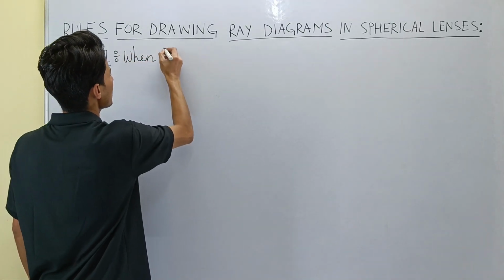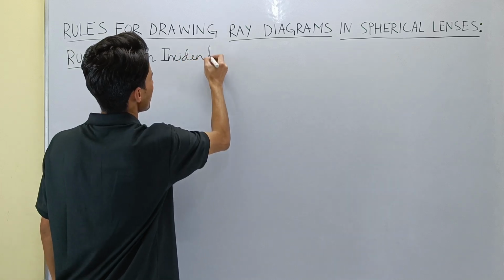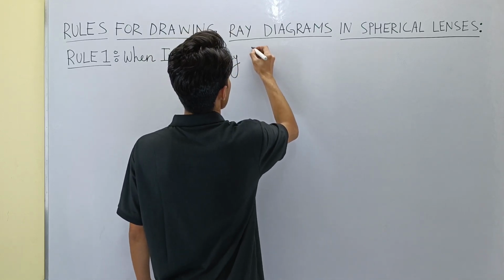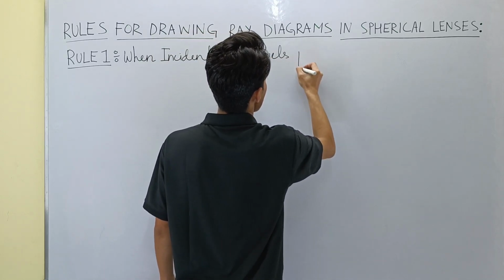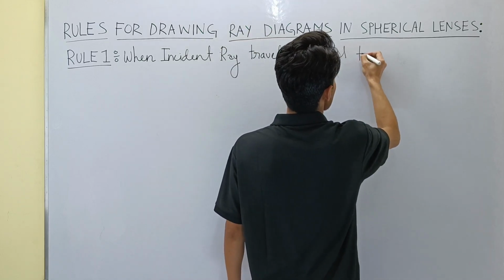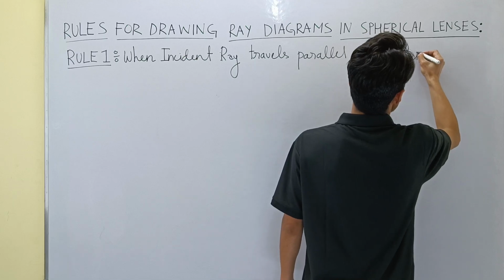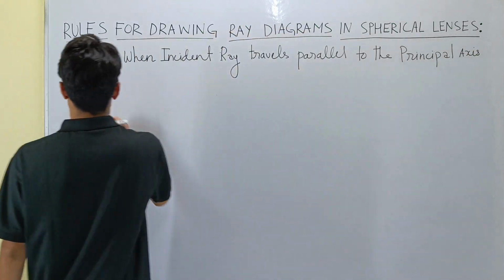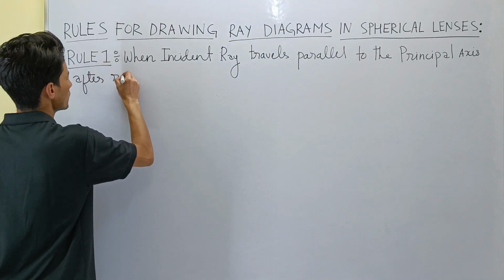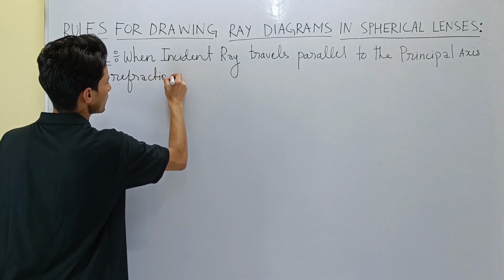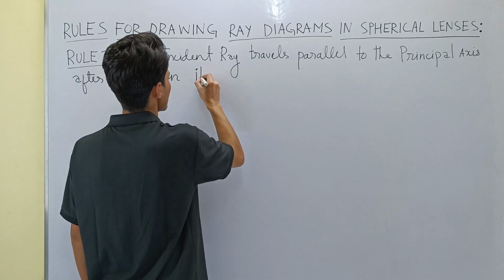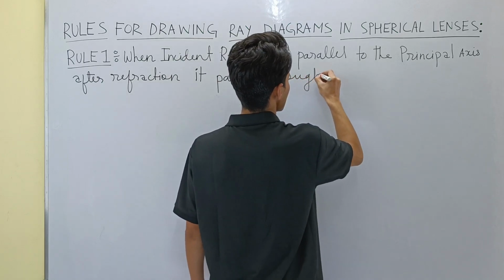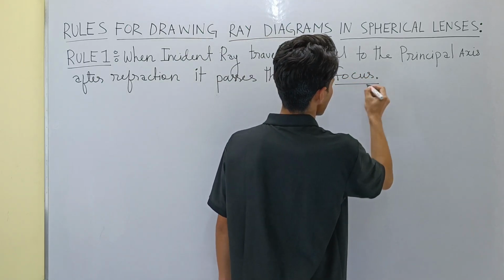When incident ray travels parallel to the principal axis, after refraction, it passes through focus. So this is rule 1.